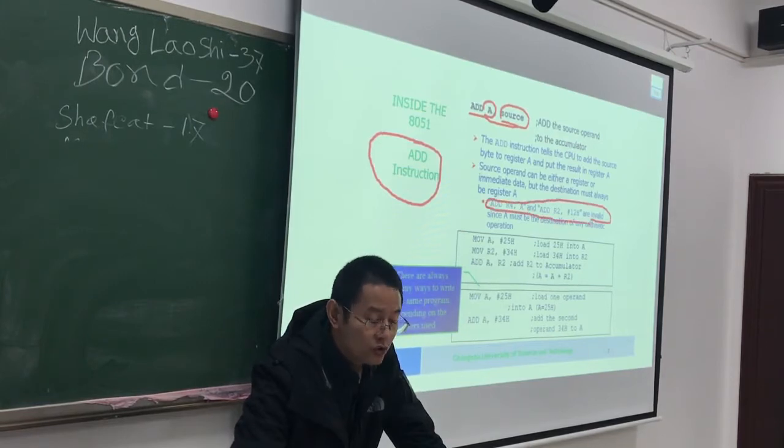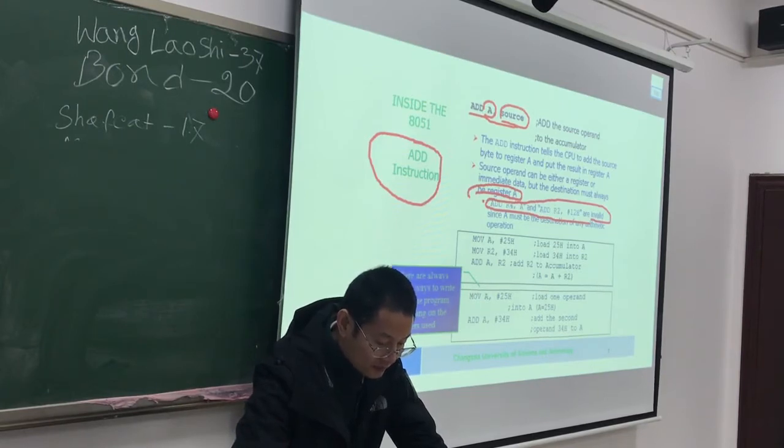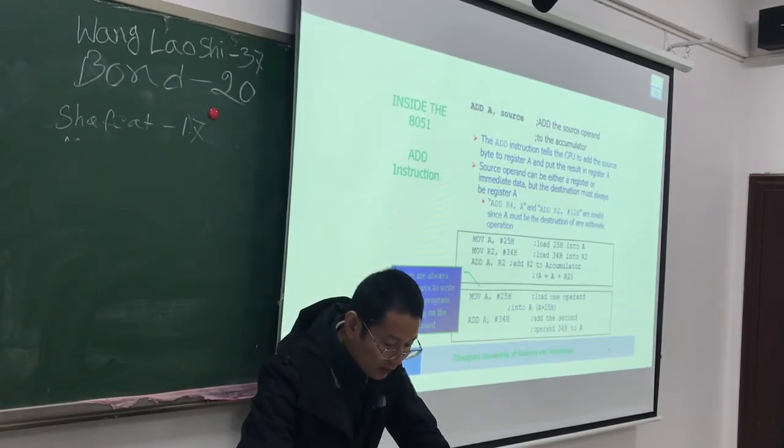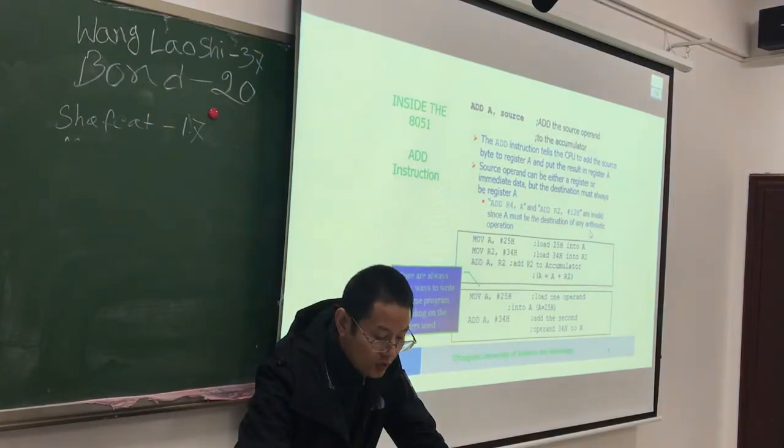So you need to remember the destination must be A. A must be the destination of any arithmetic operation.